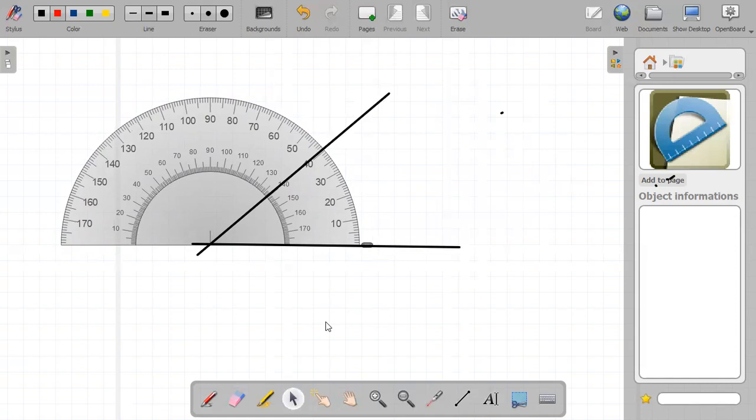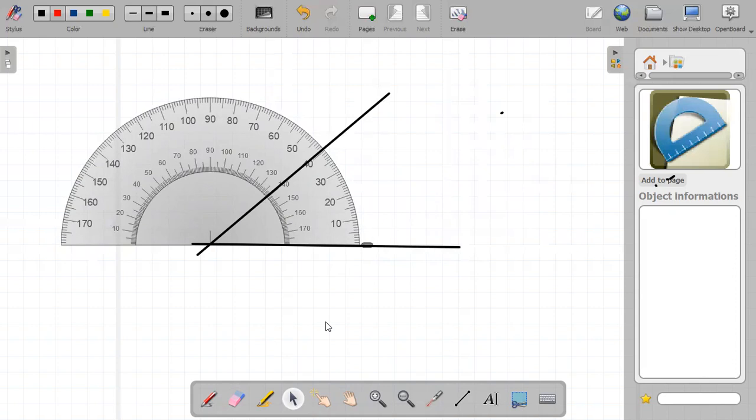There are two arms in an angle. I place 0 on one arm of the angle and the center point on the vertex. Can you see it?